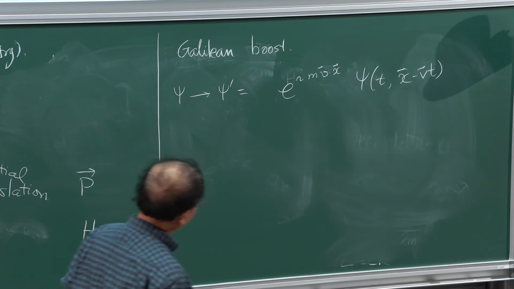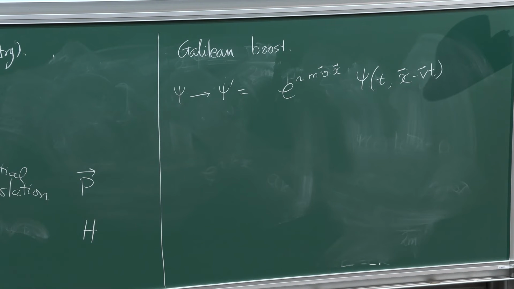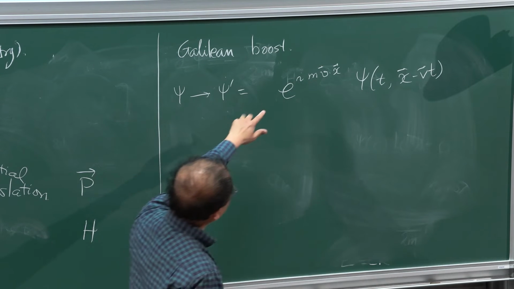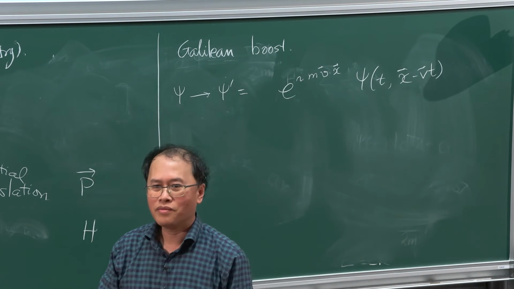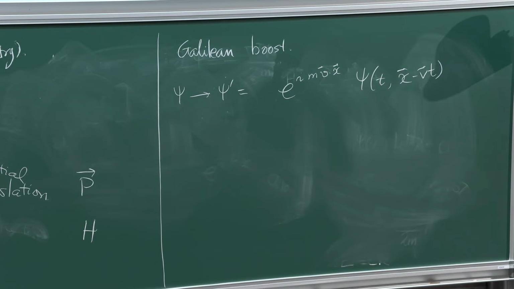I have to check if the sign here is correct, but it's a phase factor multiplying that function where x goes to x minus bt.